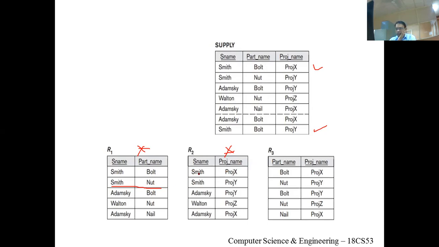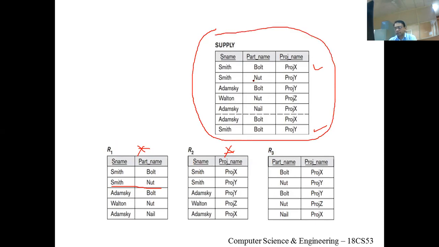Smith, Nut, Smith, Project X. Do we have nut here with respect to Project X? No. So if we perform the natural join operation of R1, R2 and R3, we are going to get the exact number of tuples that are available in the original relation. So this decomposition is going to provide the exact number of tuples, so we don't have any spurious tuples.